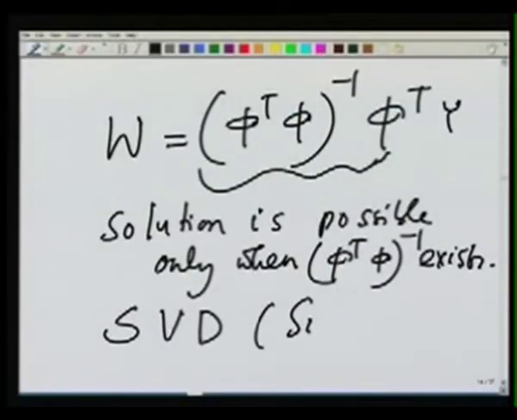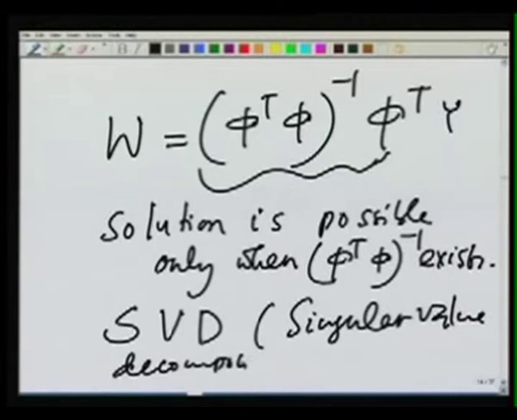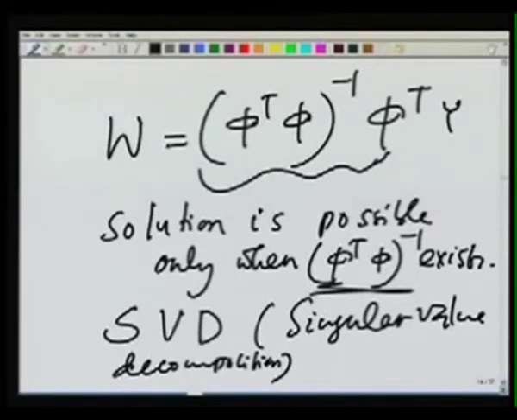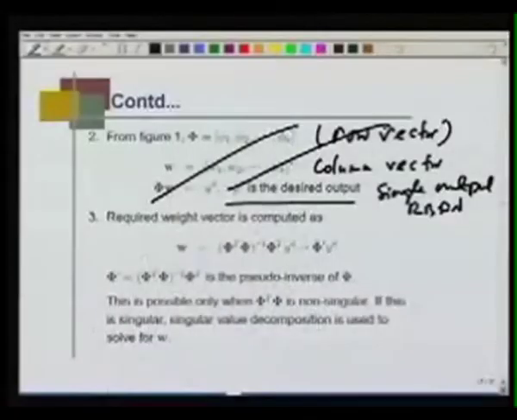Otherwise, we can use the singular value decomposition method, when this is singular. Singular means its determinant is 0. So, there was a little mistake there, I corrected that. What you found out is that the required weight vector W is phi transpose phi inverse phi transpose YD, and this is known as the pseudo inverse of phi. This is possible only when phi transpose phi is non-singular. If this is singular, singular value decomposition is used to solve for W.